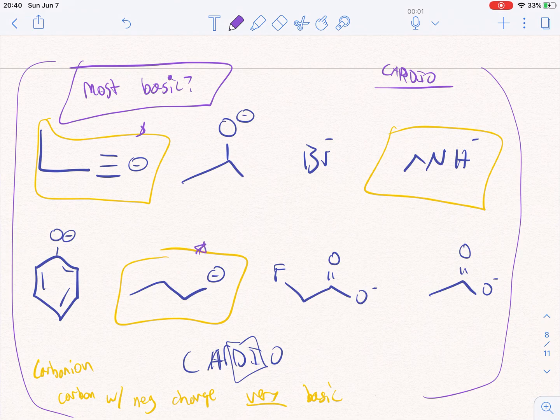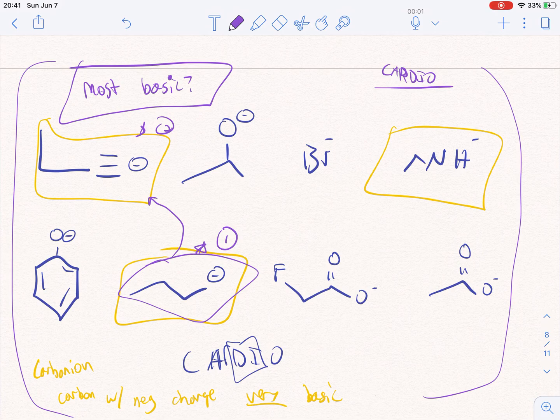And I will tell you that the alkane with a negative charge is going to be more basic than the alkyne with the negative charge. A lot of that has to do with pKa, and I only know that because of experience, but the alkane is a lot more basic than the alkyne. It's just more reactive, right? Then so this is one, then we have two, and then we got to find the third.